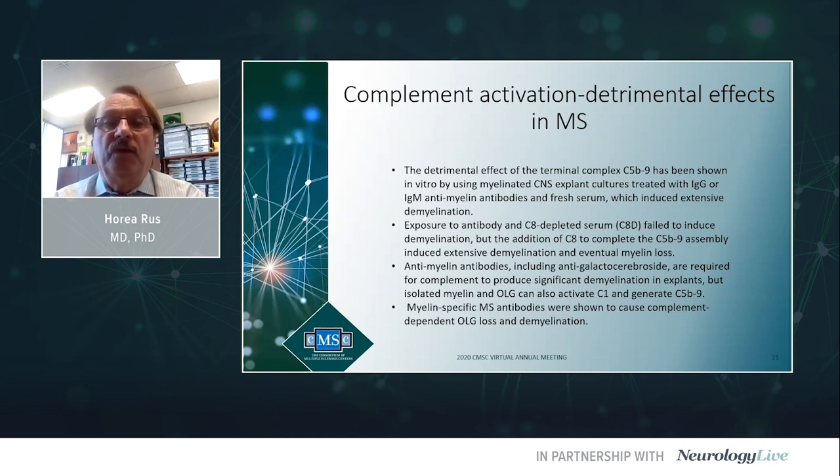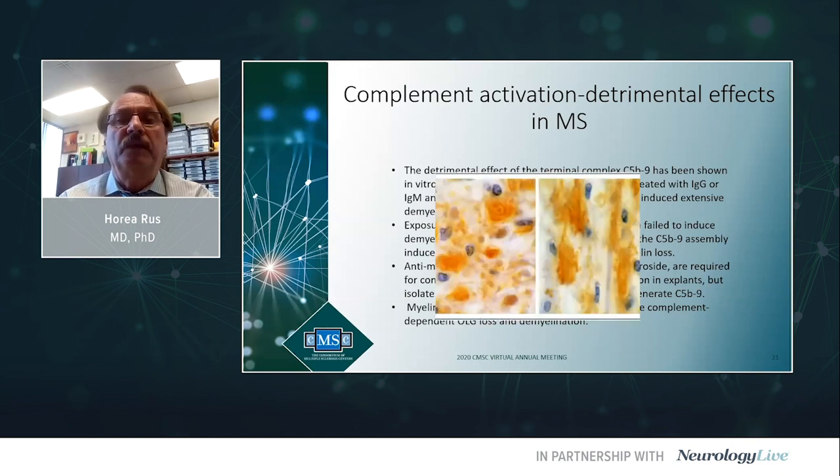Myelin-specific antibodies clearly can induce complement-dependent oligodendrocyte loss and demyelination. And this is just to remind you how complement is assembled on the surface of myelin.